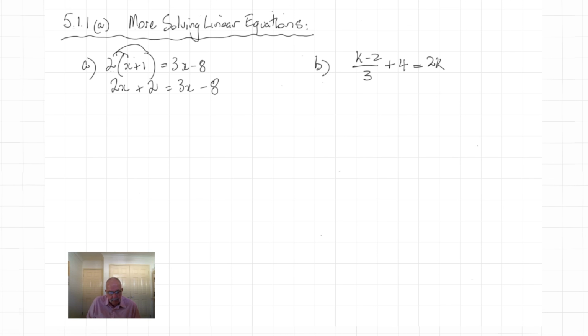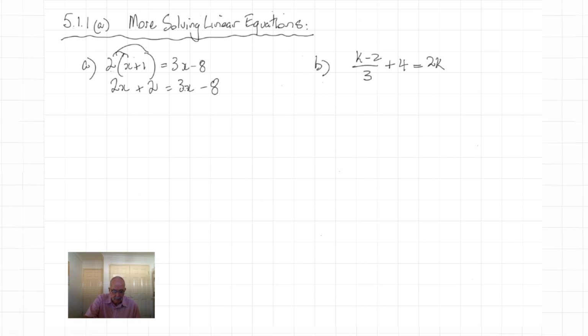Now, it's up to you to decide which side you're going to put the x's on. You can always put them on the left hand side, and if you'd be prepared to get some negative x's, well, that's going to be fine. You just divide by negatives. I don't like dividing by negatives, so I'm going to put all my x's on the right hand side, because there are more positive x's on the right hand side than here.